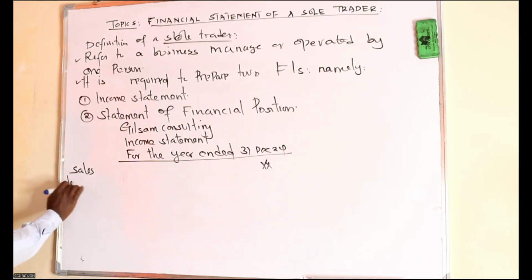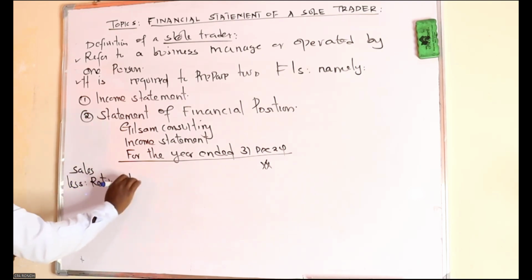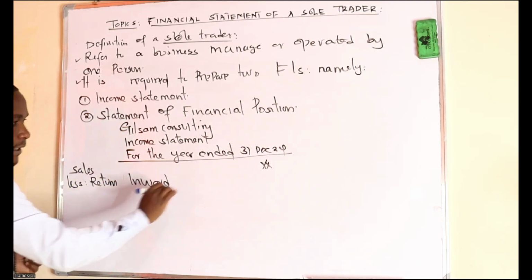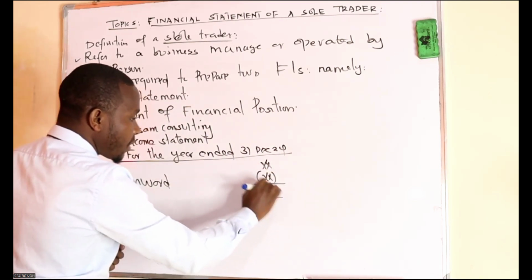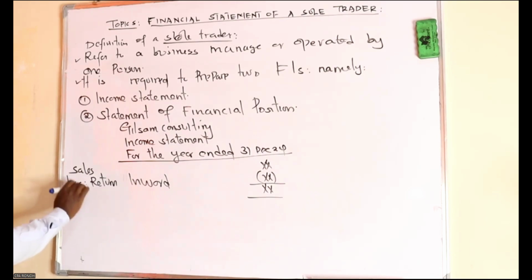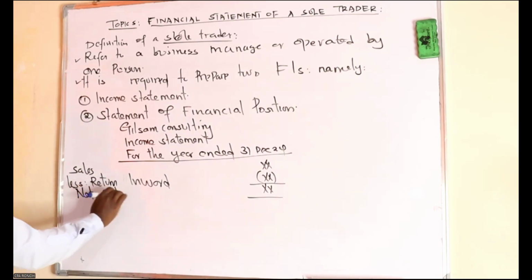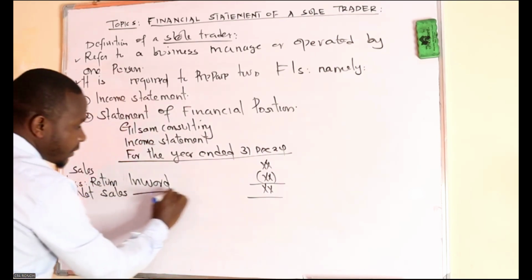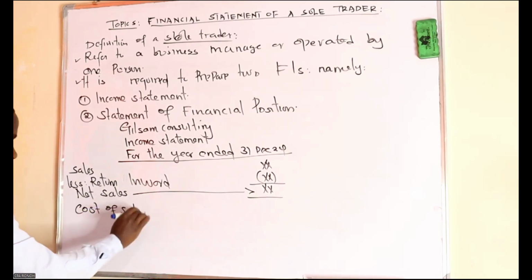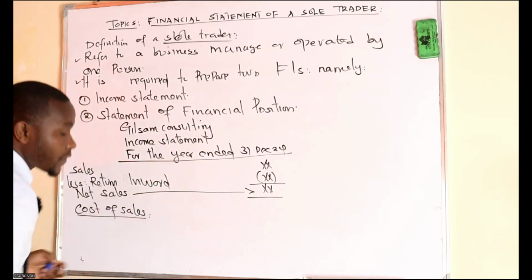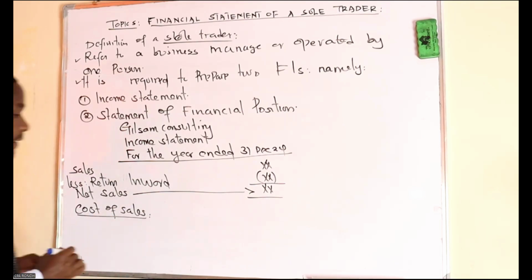So say less return inward, so that you get what is called the net sales. From there, we go to the cost of sales.